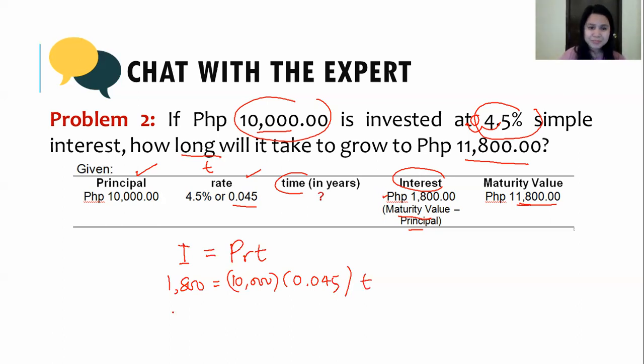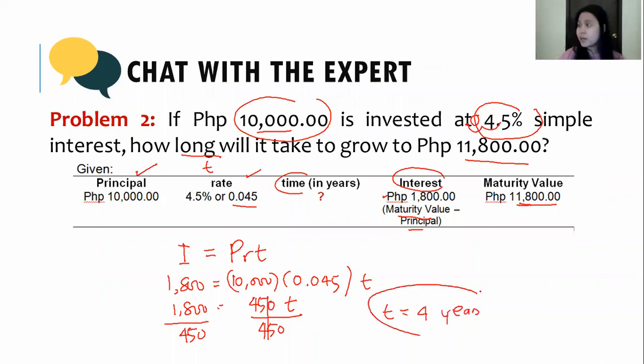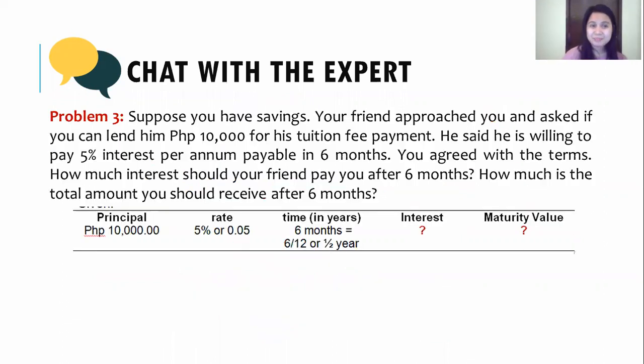Let's solve. It's 1,800. On the right-hand side, we have 450 T. Divide both sides by 450. Our T is equal to 4. So the answer will be 4 years. Any questions? Let's go to the next one.